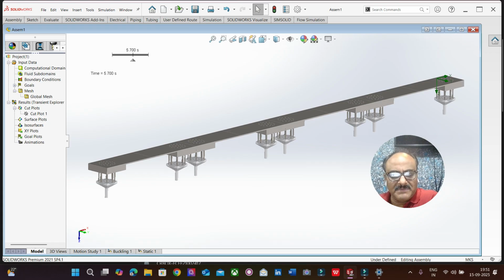So here we have a schematic representation of the bridge, and there are about, say, 4 or 5 bays, and each bay spans up to 50 meters, and in between two bays we have two structures.